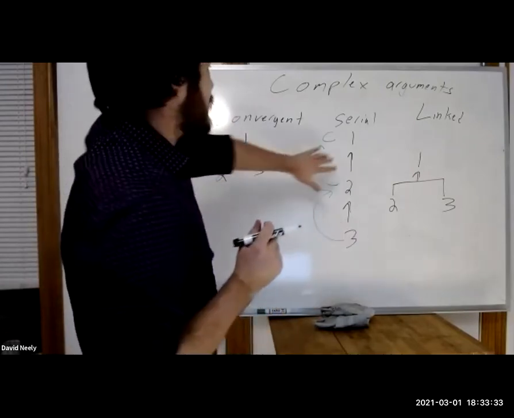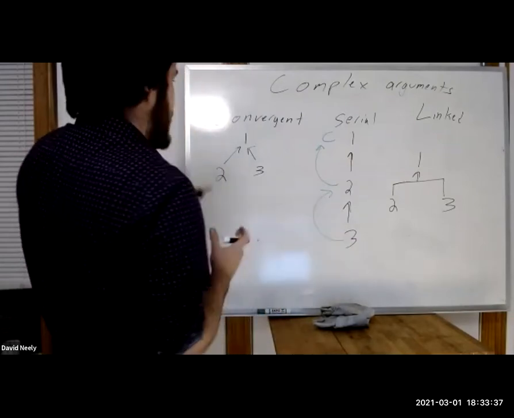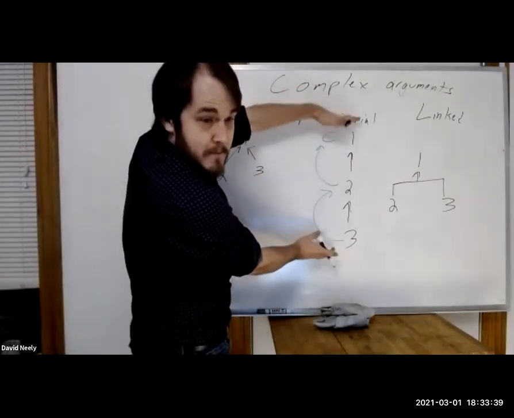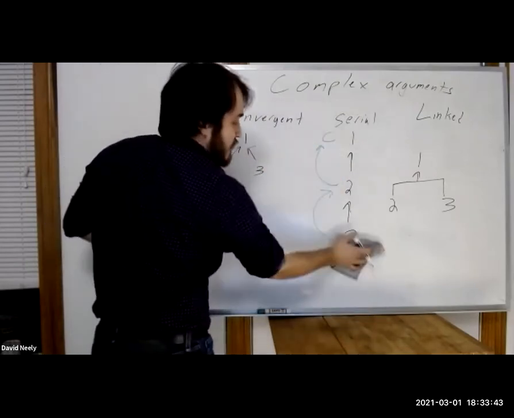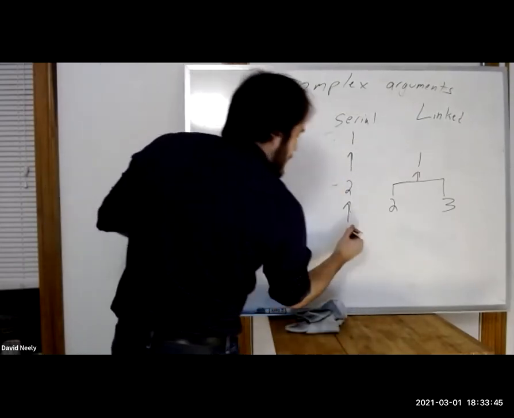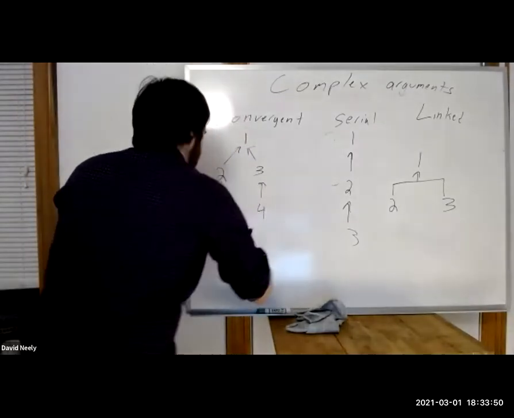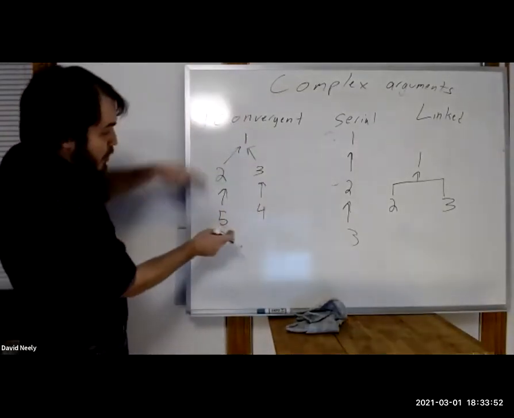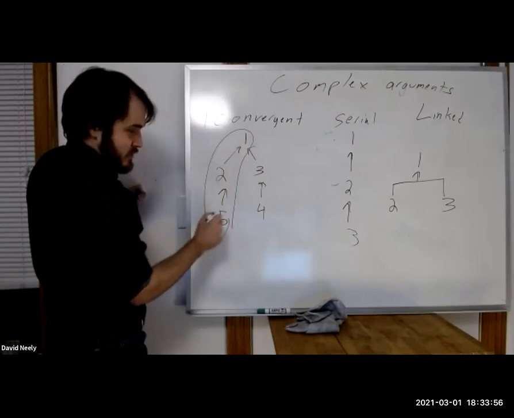All right, so that's what we mean by serial. And this is going back to Nicole's point: this by itself is a simple argument in some sense. But we could combine these together. So you could have an argument that looked something like this. If you just concentrate on this, it's serial.